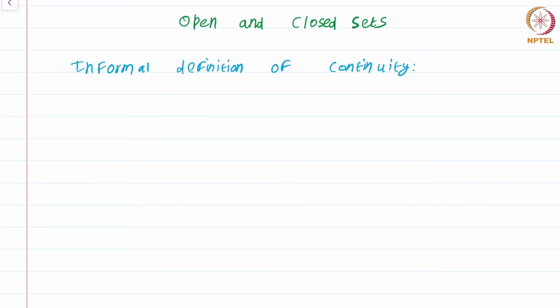So we take a function f from the open interval (a, b) to the real numbers. We fix a point x in that interval. We want to talk about whether f is continuous at this point x.